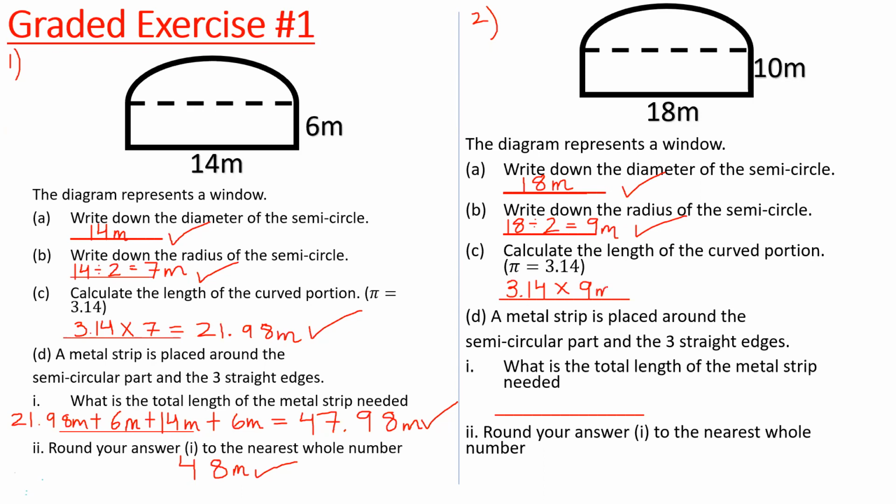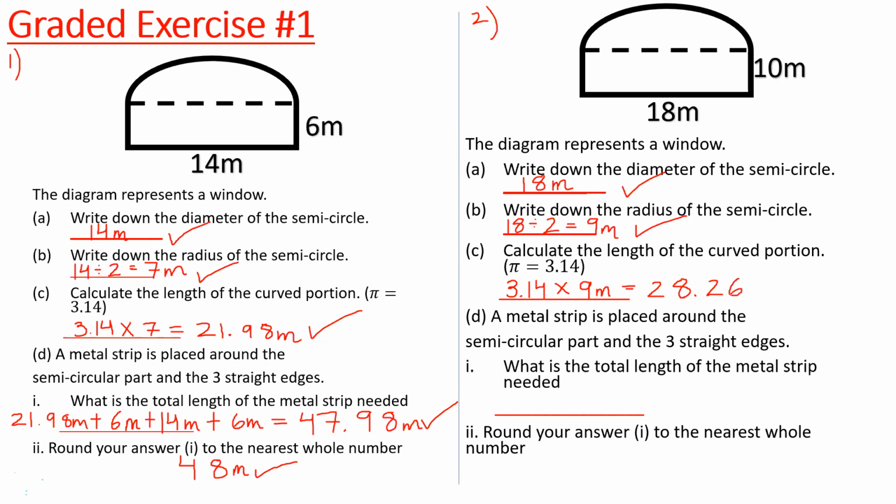And what do we get when we multiply them? We get 28.26. Is that correct? 3.14 multiplied by 9. 28.26 is correct. I get that too, Mr. Petit. Good.